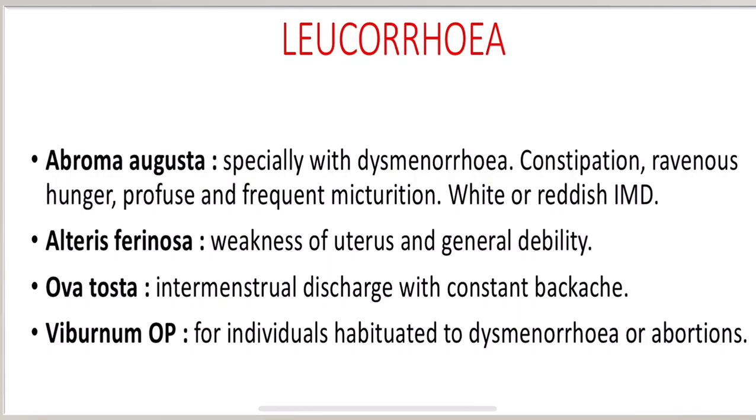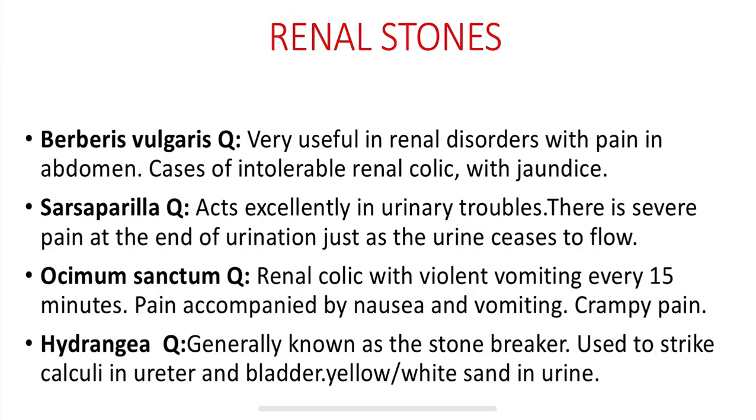Ovatosta, we usually use it in ovaritis. It is also used in intermenstrual discharge with a constant back pain. Viburnum opulus is used for individuals who are habituated to dysmenorrhea and also abortions.